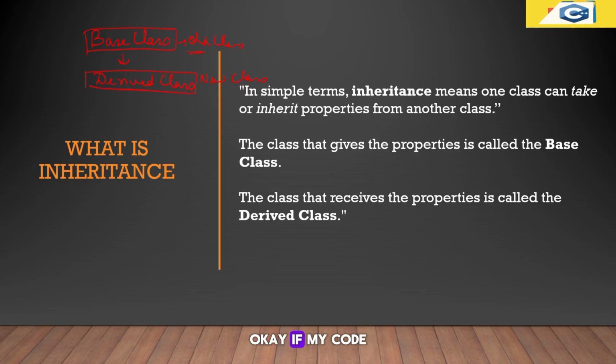If my code is already written, I will just use that existing code in my derived class. So that is what inheritance is. I am using the code of the base class in the derived class. That is called reusing the code of the base class in the derived class.